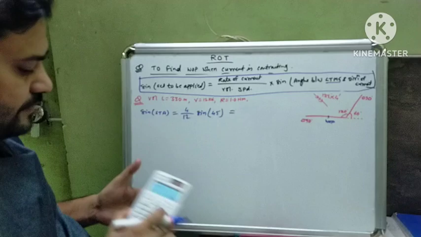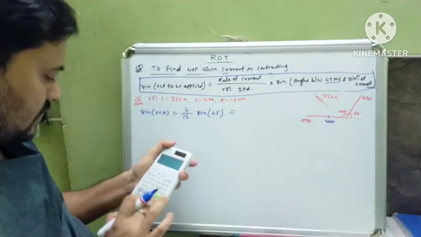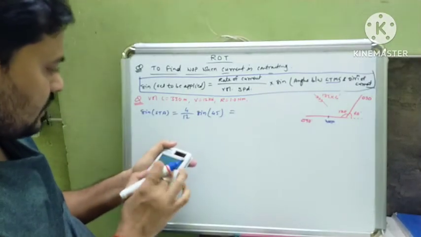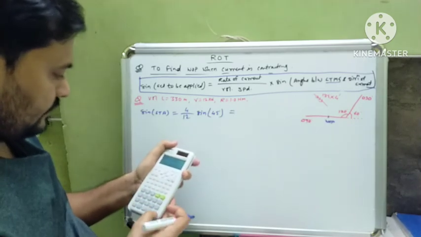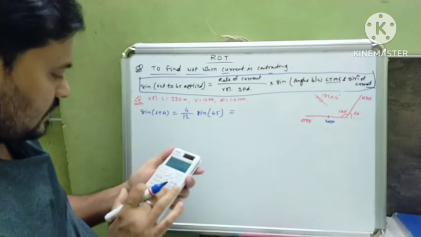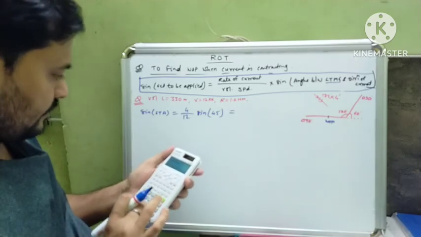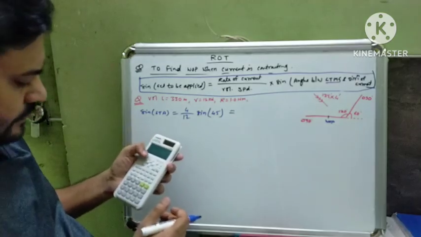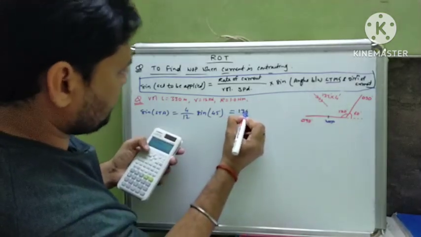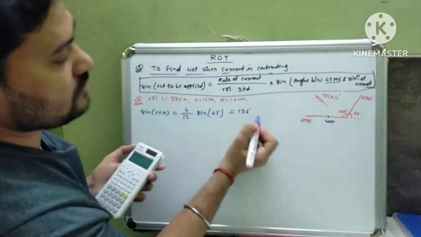So 4 divided by 12, 0.33, into sine 45 degree, then sine inverse gives 13.6 degree. This is the set you have to apply.